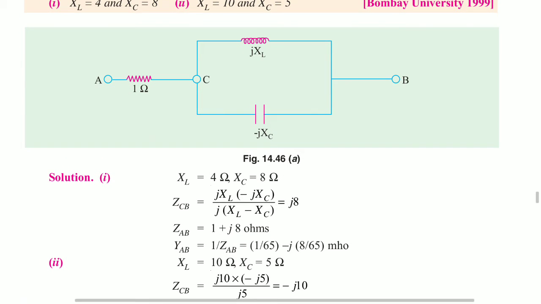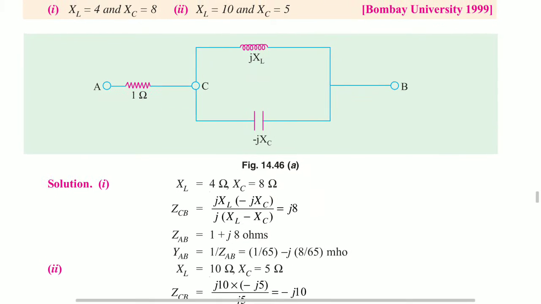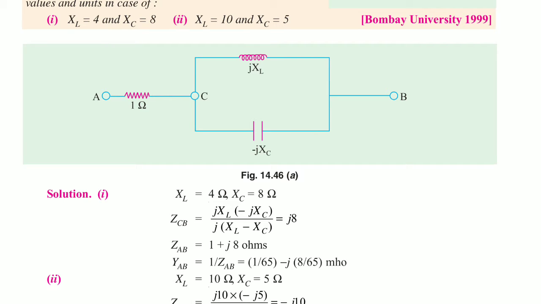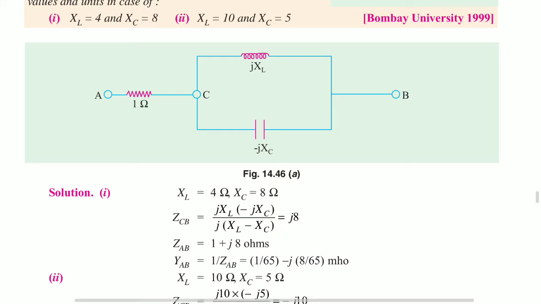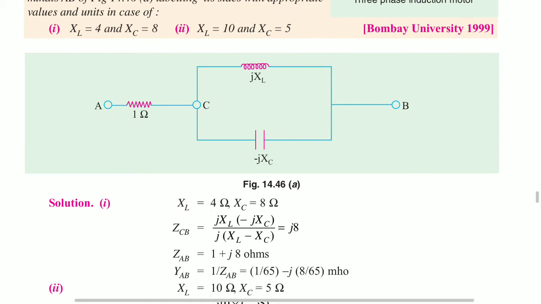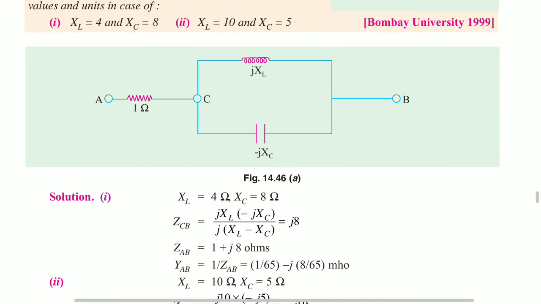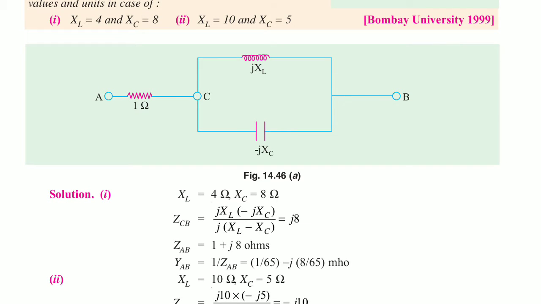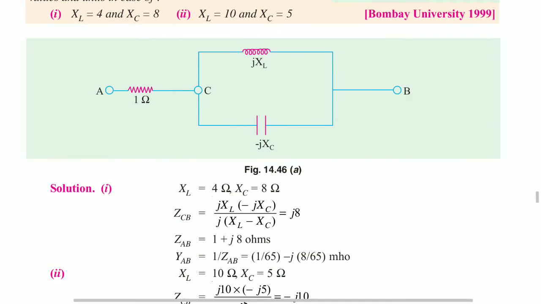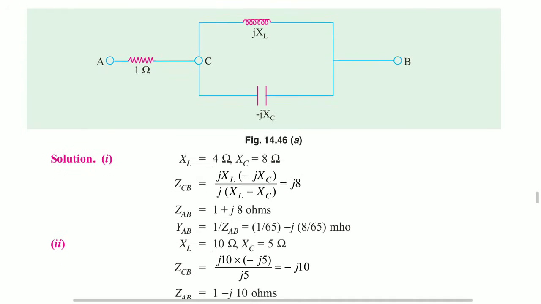Now calculate ZAB. ZAB is equal to 1 plus j8 ohms, where 1 is the resistance and ZCB is j8 ohms. So the resultant is 1 plus j8 ohms, which means it is an RL circuit.